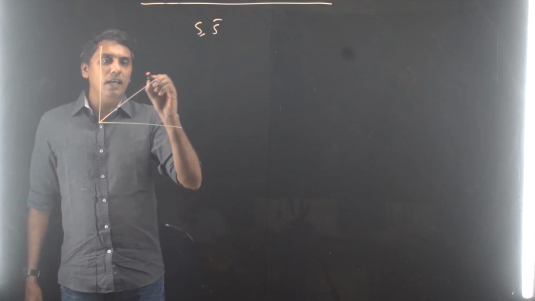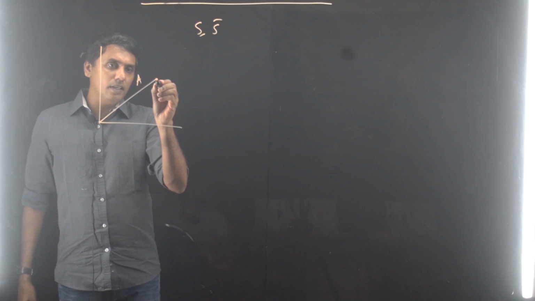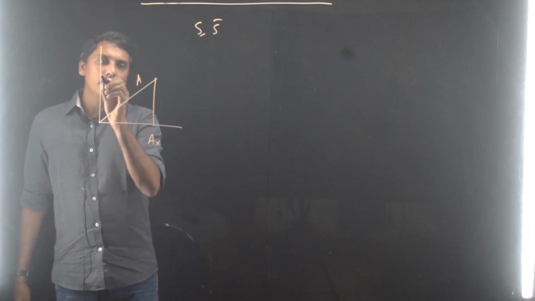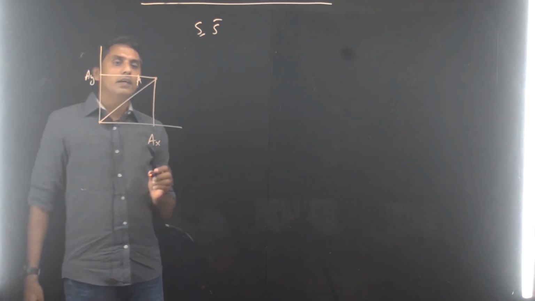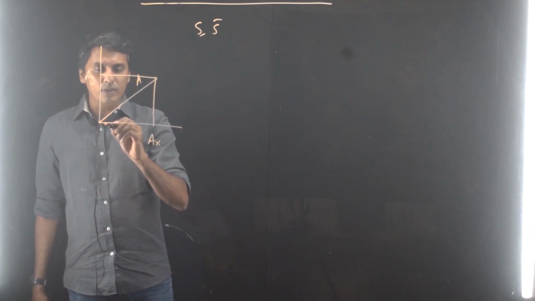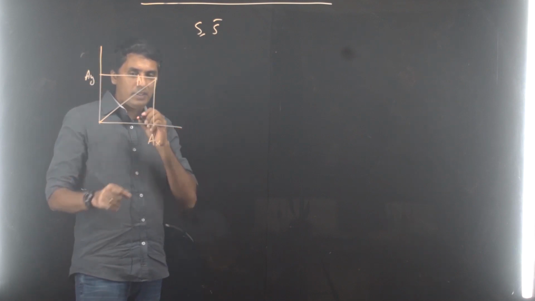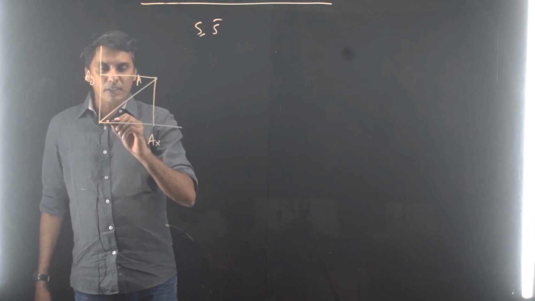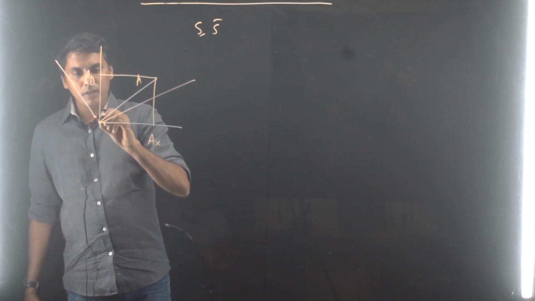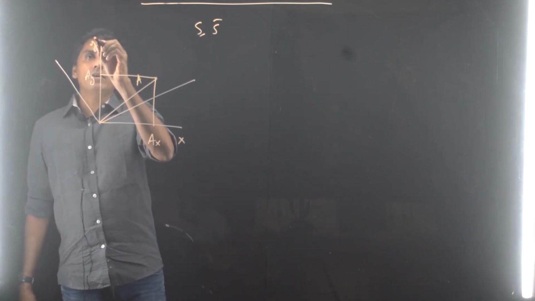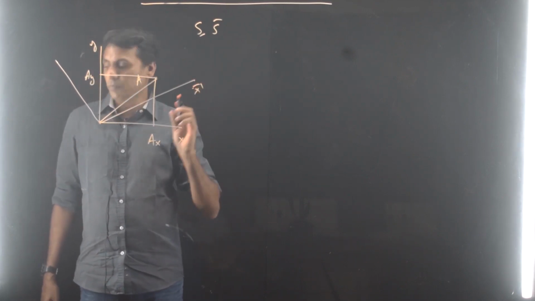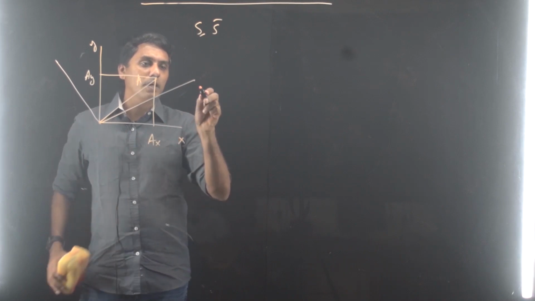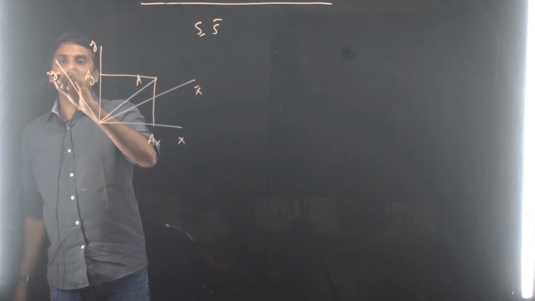The vector, say this is A, will have components Ax and Ay. In the S bar coordinate system, the z axis coincides, and this is your x bar axis and this is your y bar axis.